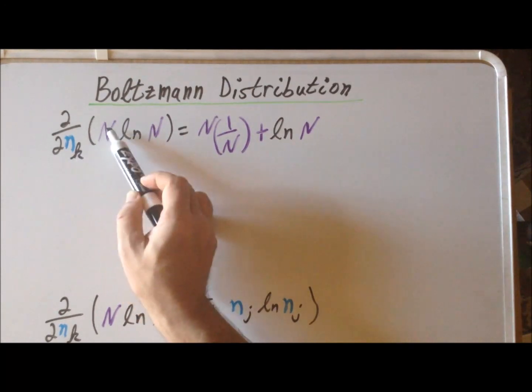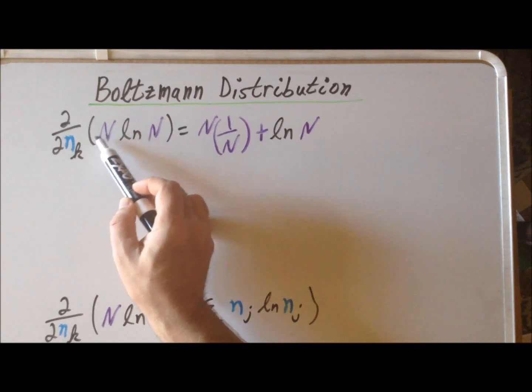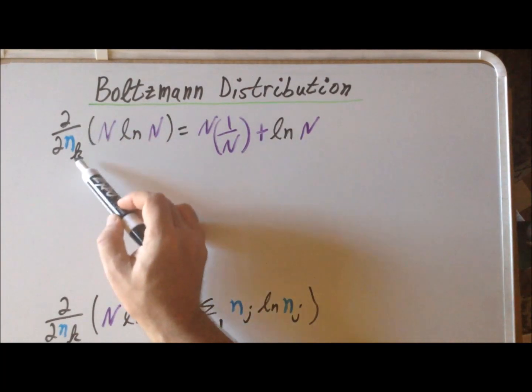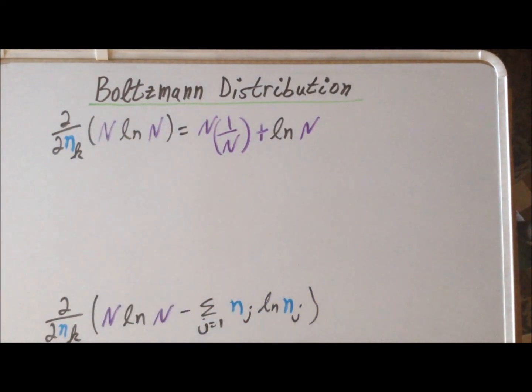So n sub k is always one of the terms inside big N. Its derivative with respect to that particular variable is going to be 1. For all the other n sub somethings that are not n sub k, the derivative is 0. So this turns out to be 1.